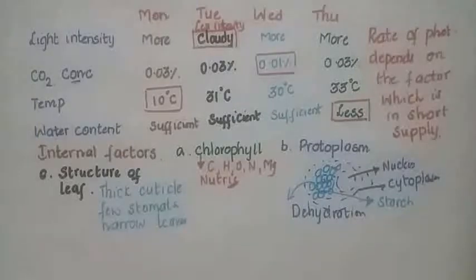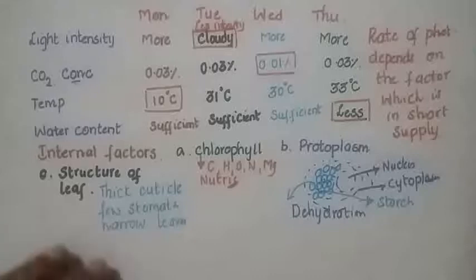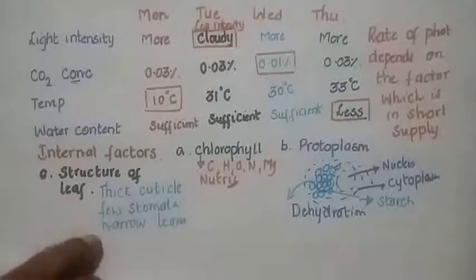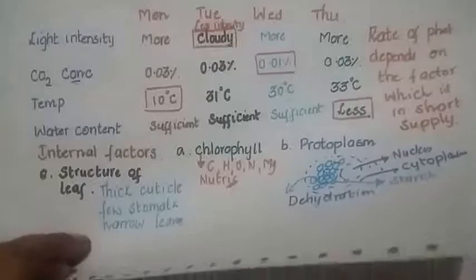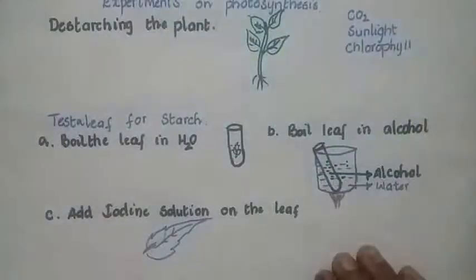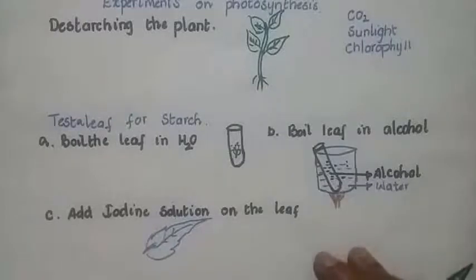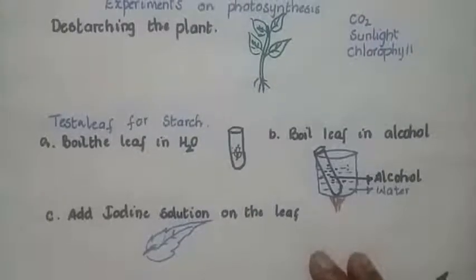Okay, now let us study certain experiments which are related with photosynthesis. When we learn about the experiments in this chapter, we have certain common steps followed in all the experiments. Basically, what are the experiments that we are learning?